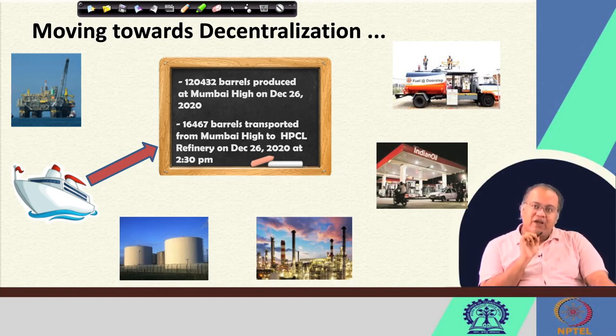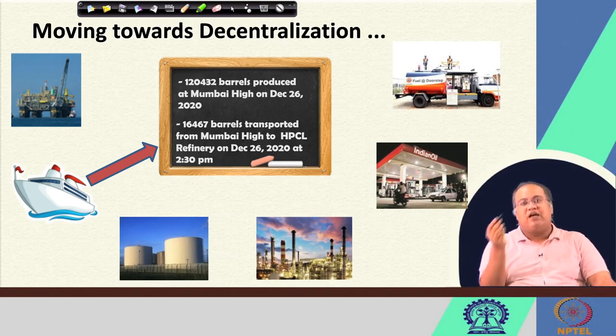Why is that interesting? Because just by looking at all the information on the blackboard, you can track what is happening where. That means how much crude oil has been produced, how much of that has been transported, and not only how much has been transported but to where, and then from there where it got further transported, which refinery it is going to, and after the refinery how much of the different products like petrol and diesel have been produced, and so on.